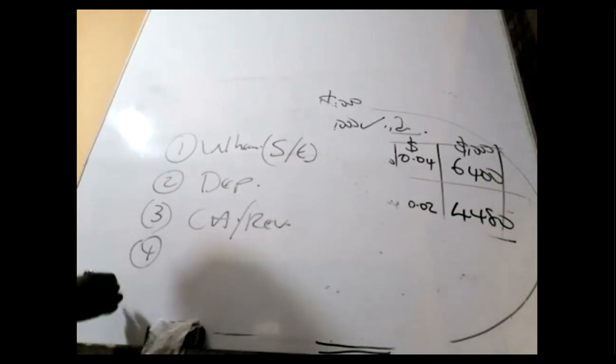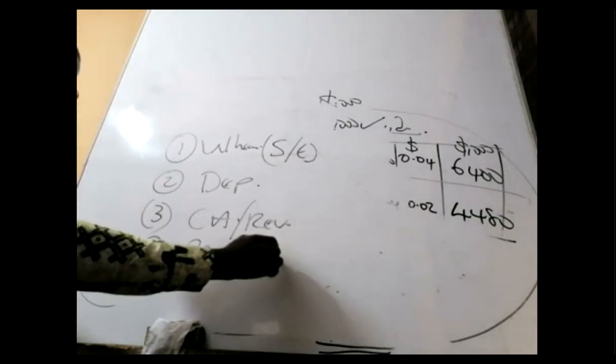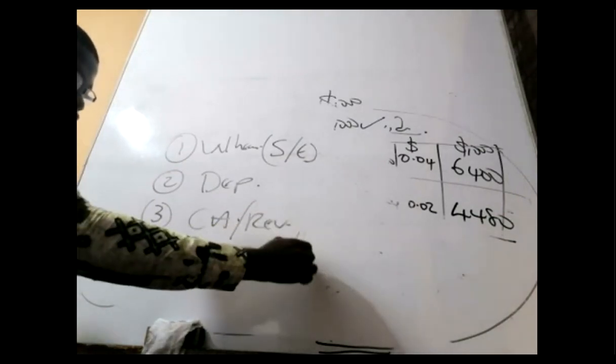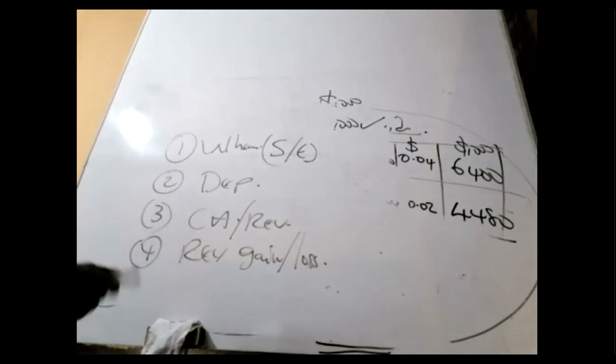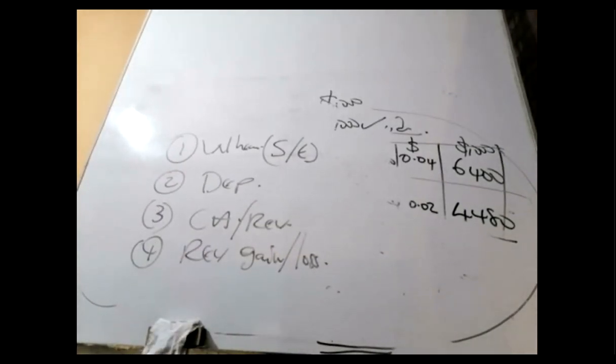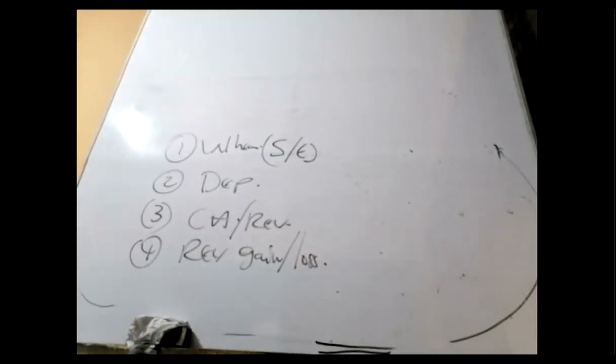Finally, step 4, you calculate your revaluation gain or loss. What's the difference between the revalued amount and step 3? That is all. I use this question as a test case to demonstrate this.